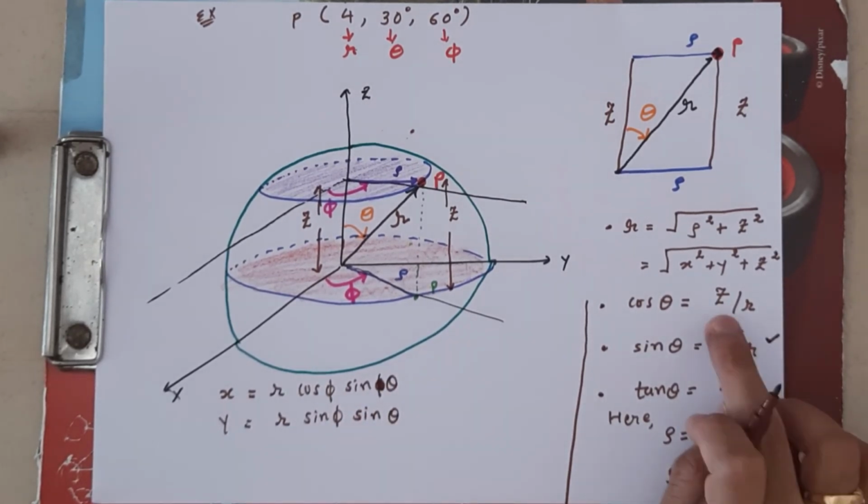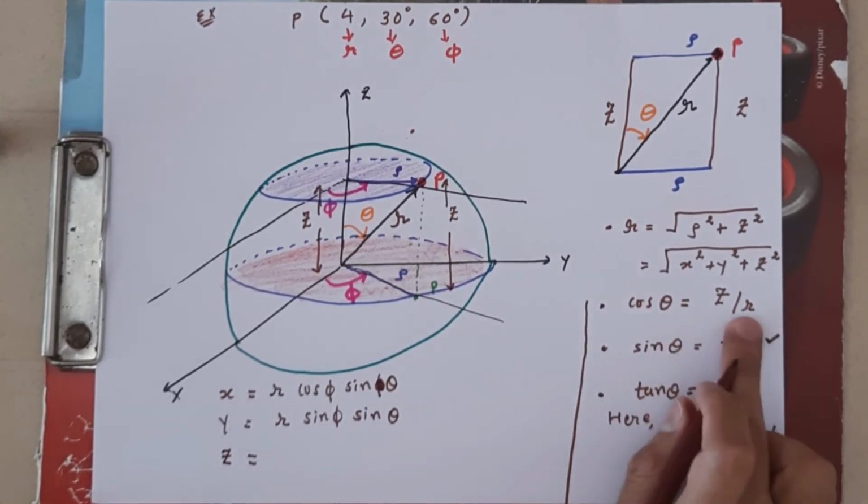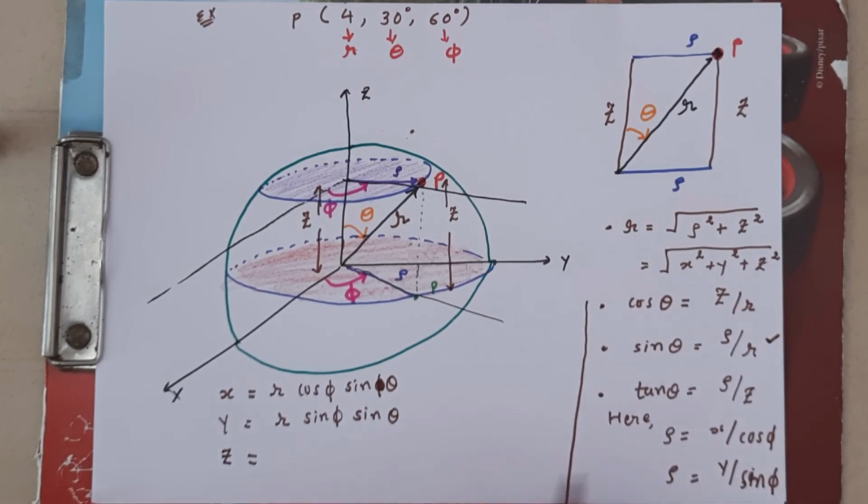And what is z? From this equation, z is equal to r cos theta. So you can derive the equation of Cartesian coordinate system in terms of the spherical coordinate system. It's very easy.